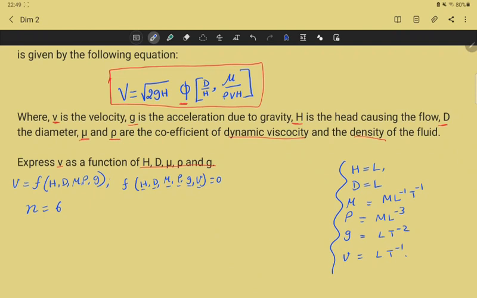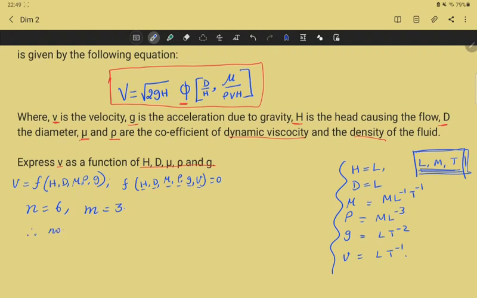So how many fundamental dimensions are there? We have l, we have m, and then we have t. Do we have anything else? No, these are the only three fundamental dimensions that we have. So number of fundamental dimensions m equals 3. So how many pi terms are we going to have?